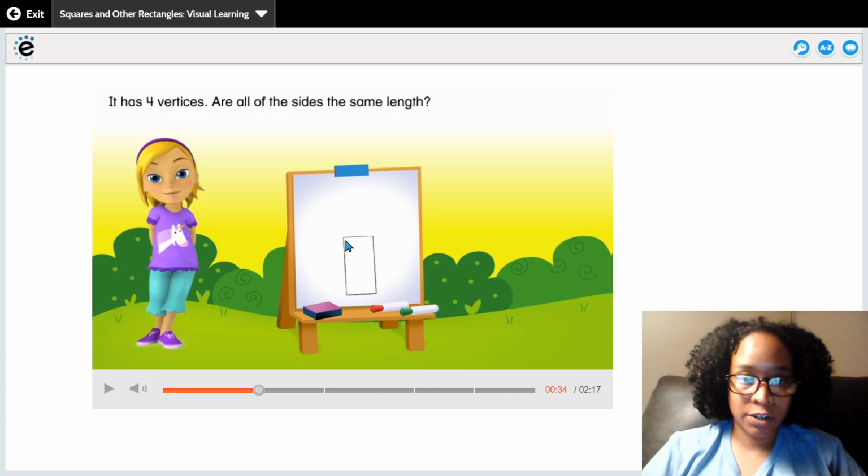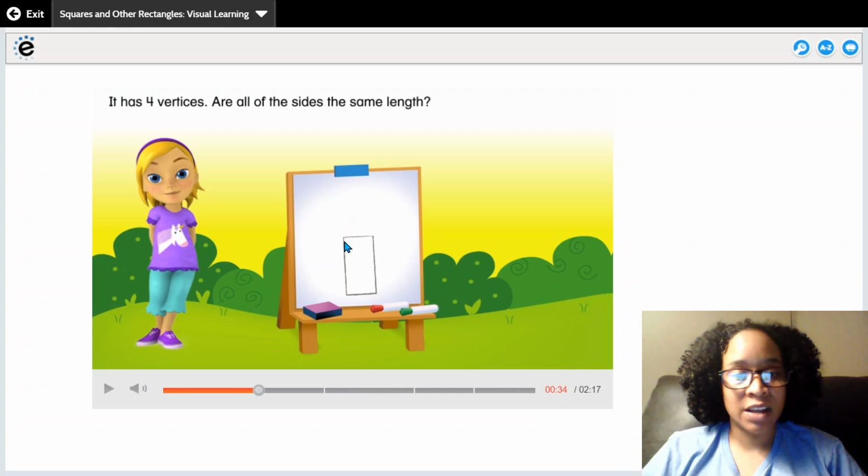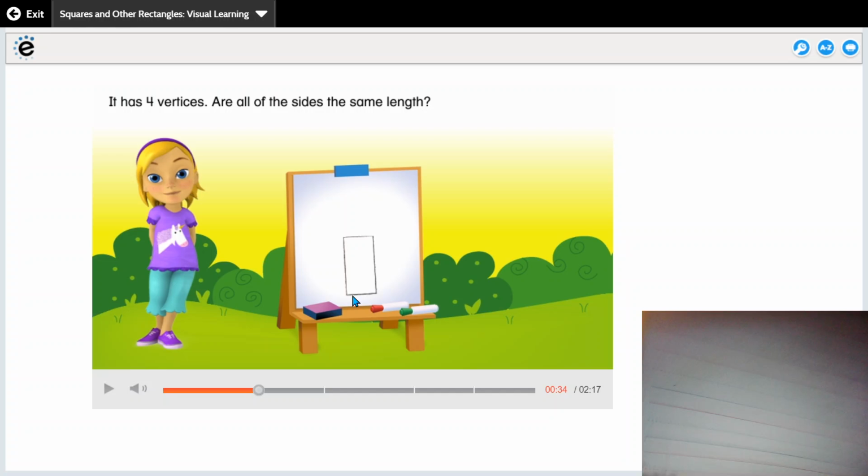How many vertices do you think a square has? It has the same as a rectangle. It has 4 vertices also. What about our triangle? How many vertices do you think our triangle has? I'm going to illustrate a triangle. Remember, vertices are just the corners or where the sides meet. So here's my triangle. How many vertices do you think this triangle has?